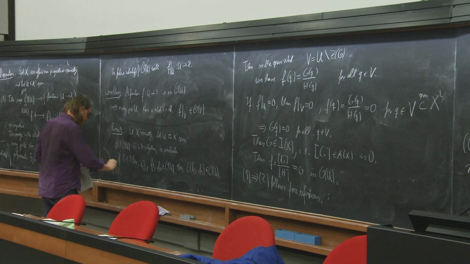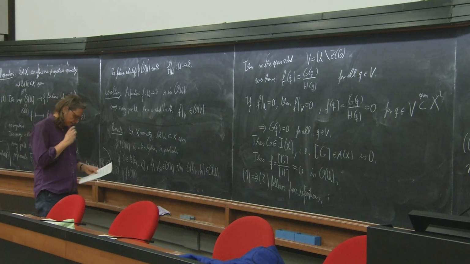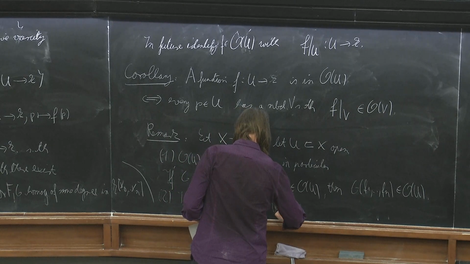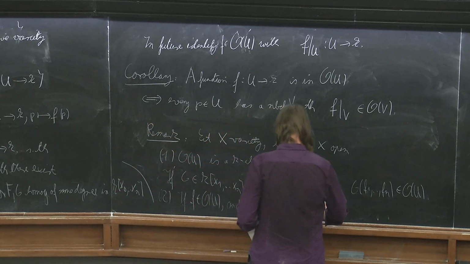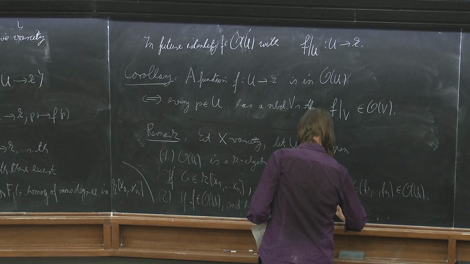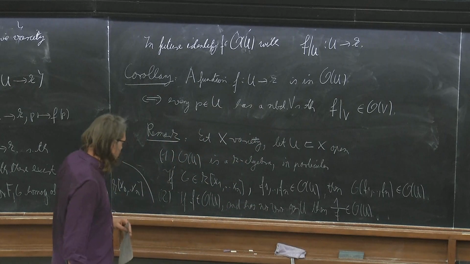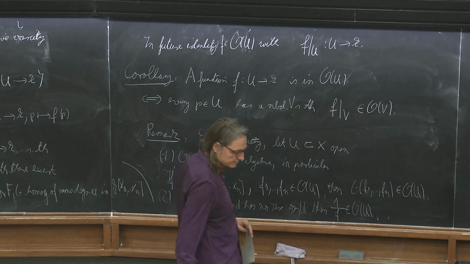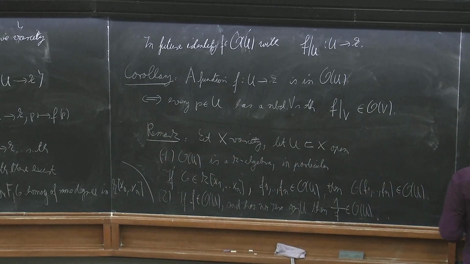Then if f is regular on U and has no zero on U, then 1 over f is also in O(U). And that follows basically from the definition.